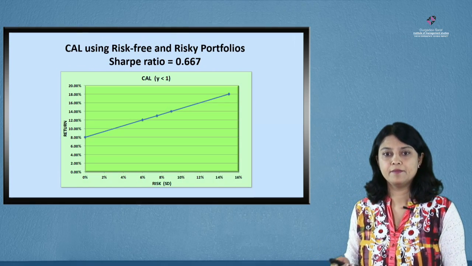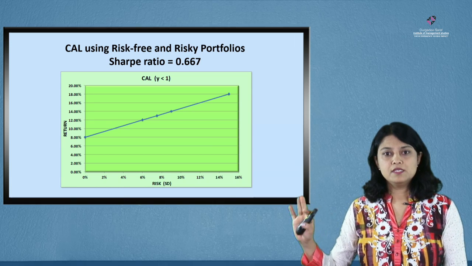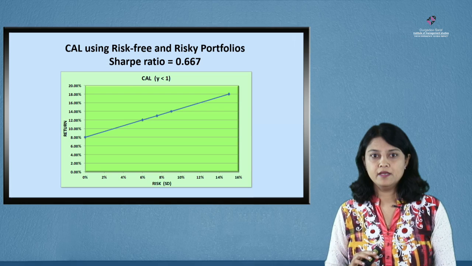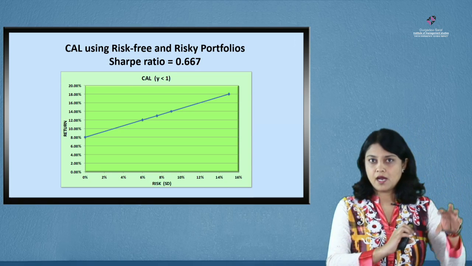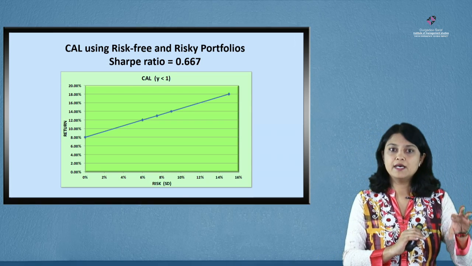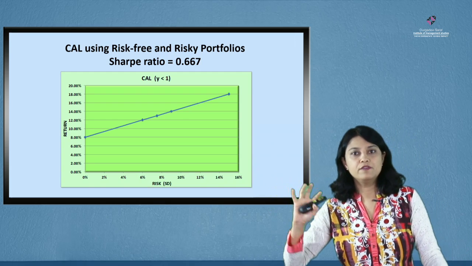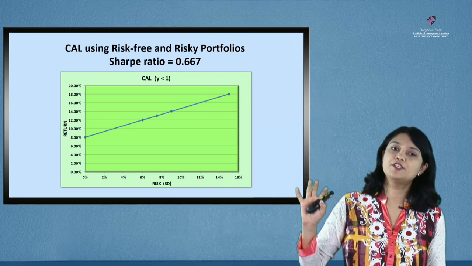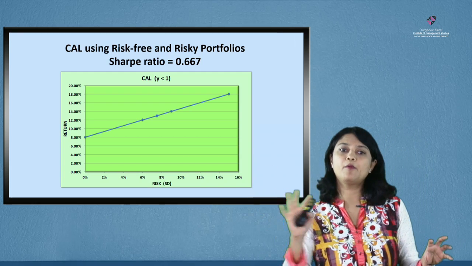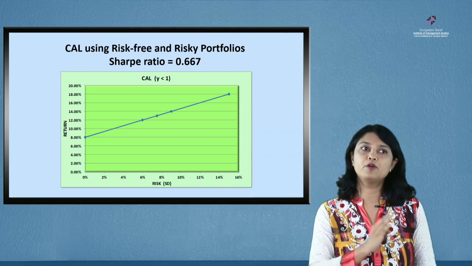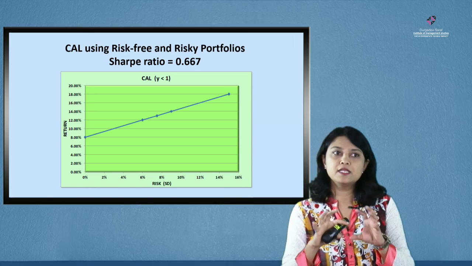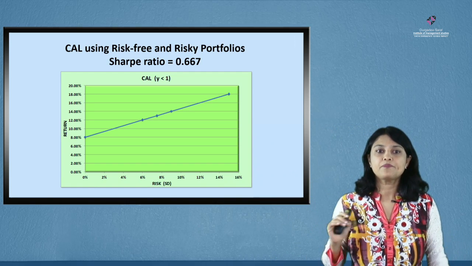Now this slide shows you the capital allocation line using the risk-free portfolio and the risky portfolio, for which we have taken the example of 18 and 15%. These three choices, Y is equal to 0.4, 0.5 and 0.6, these three points are lying on this line.